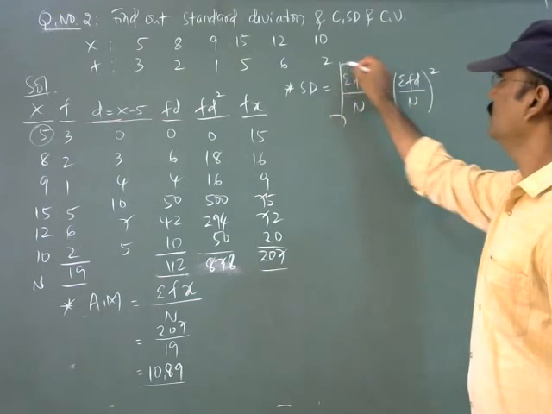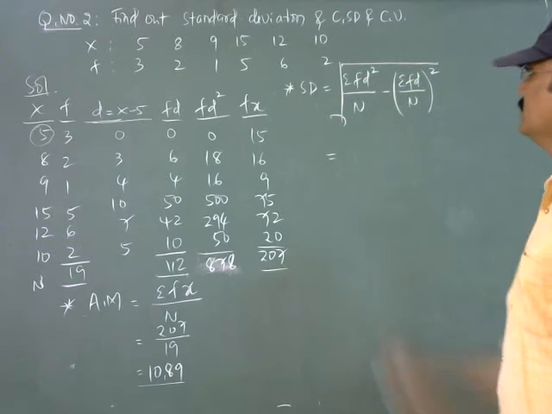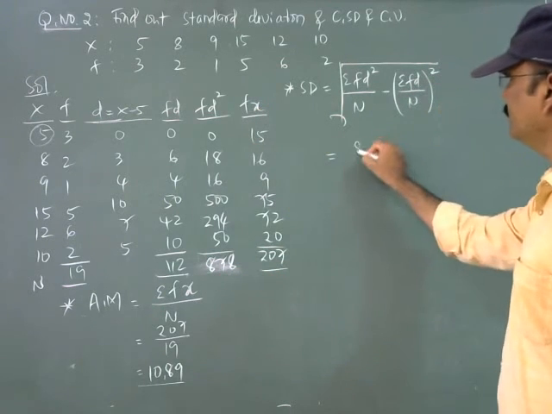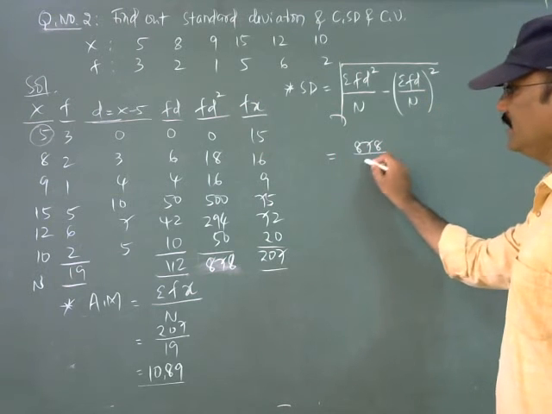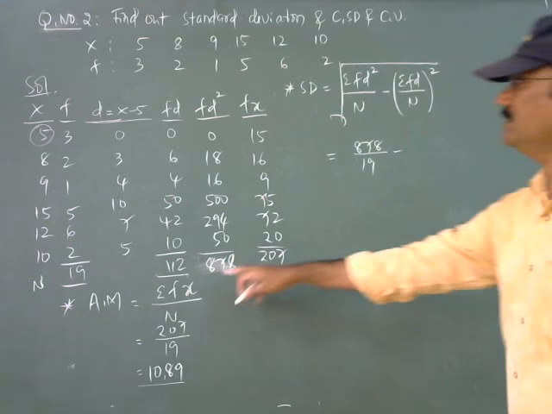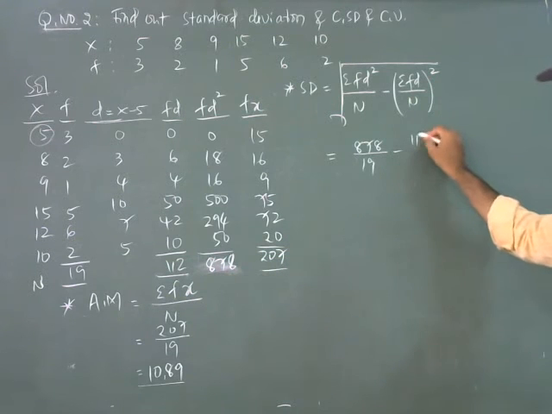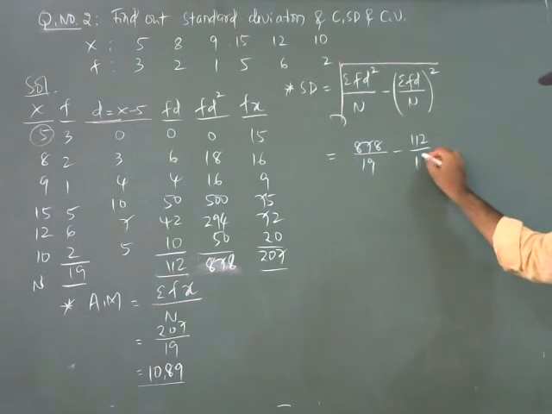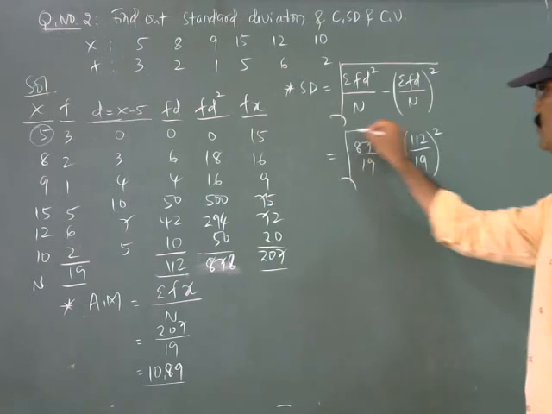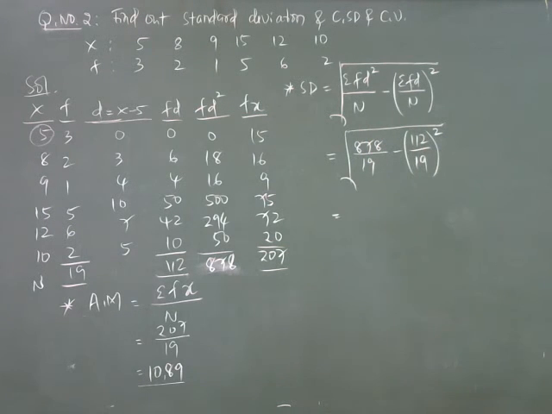Fd square here is 878, N is 19, minus fd, which here is 112, divided by N, 19, whole square root. So now you do 878 divided by 19. The answer is 46.12.